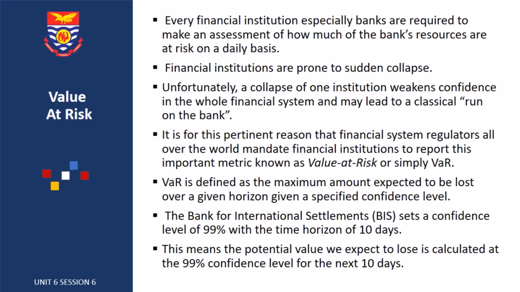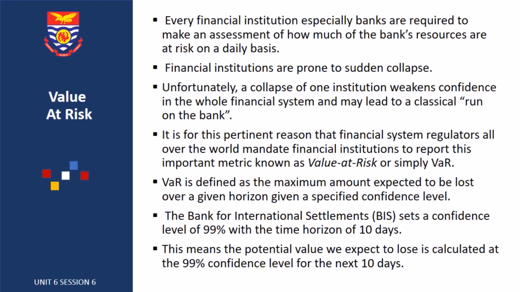It is for this pertinent reason that financial system regulators all over the world mandate financial institutions to report an important metric, which is known as value at risk, or simply VaR. VaR is defined as the maximum amount expected to be lost over a given horizon, given a specified confidence level.